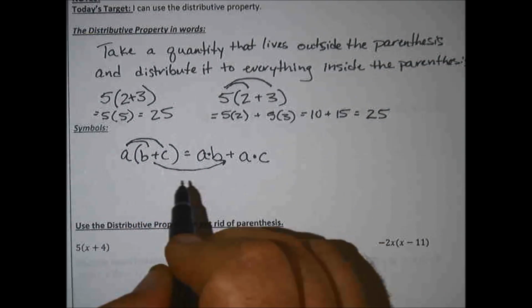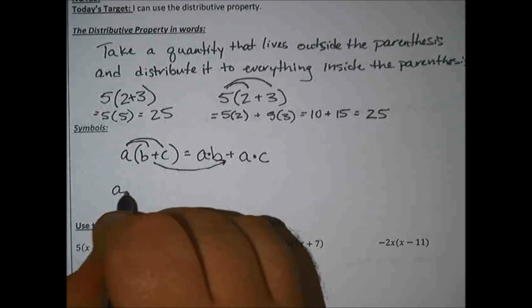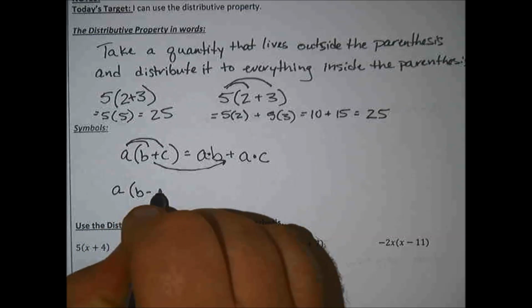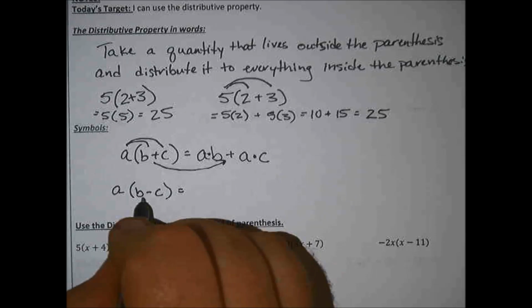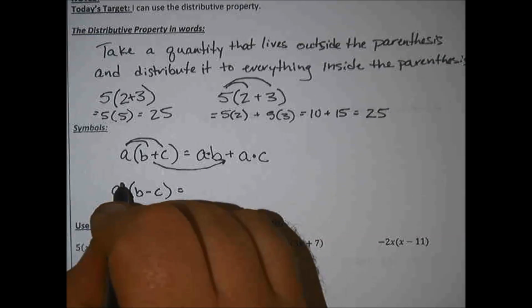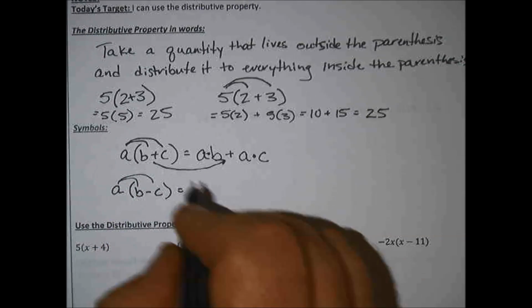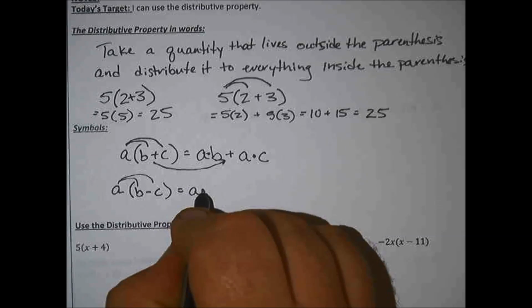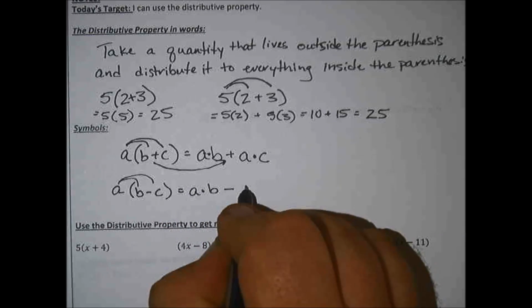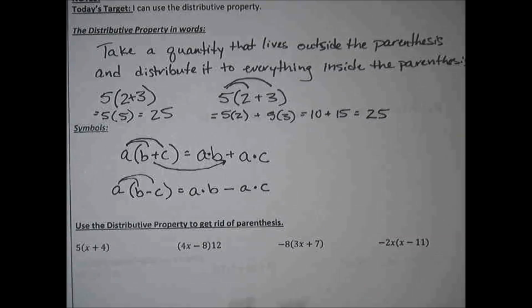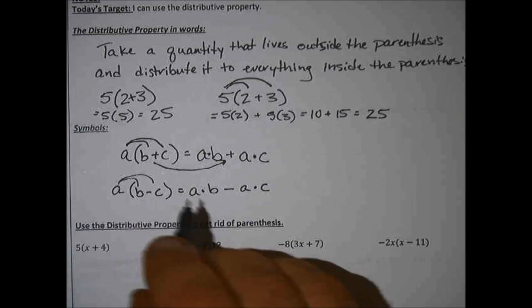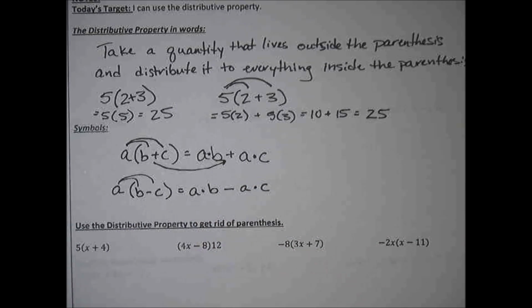Okay, we maintain that plus. If it was minus, B minus C, that minus would go in that place right there. So we do the same thing. We're going to distribute that A. We have A times B minus A times C. Okay, whatever sign is in the middle still goes in the middle. And hopefully when we're doing this, we can sort of simplify our expressions a little bit.